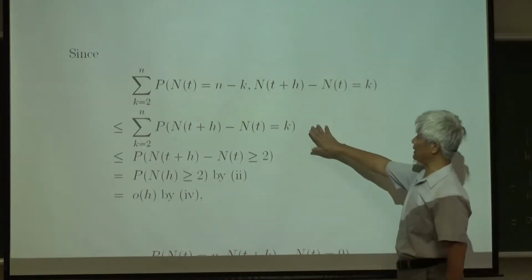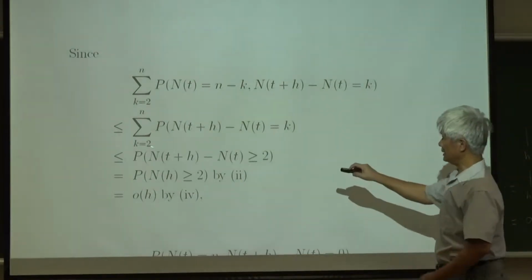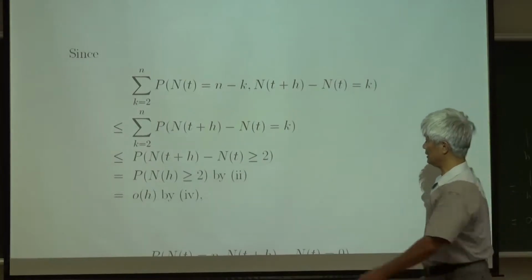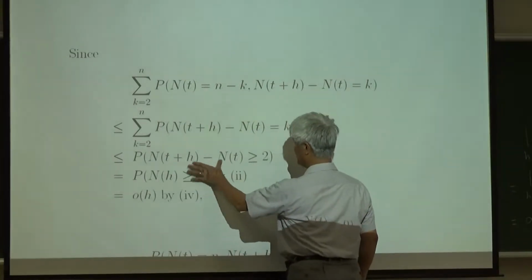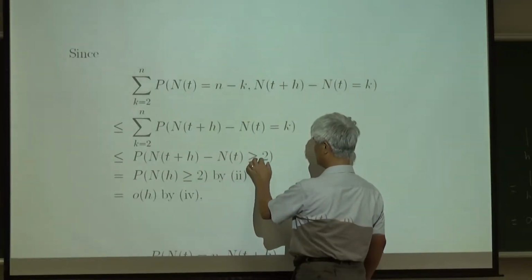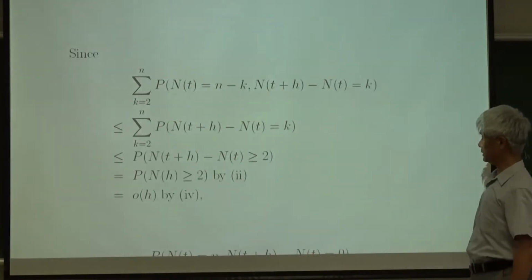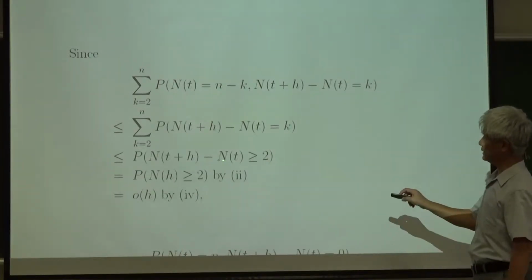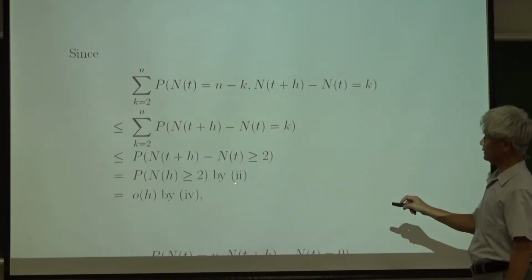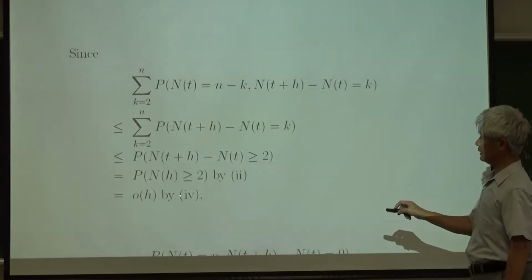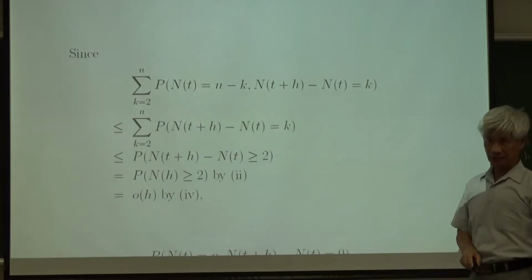Together, the sum is actually the probability that the increment is greater than or equal to 2. And by stationarity of increments, you get that. And finally, this term is actually little o of h.